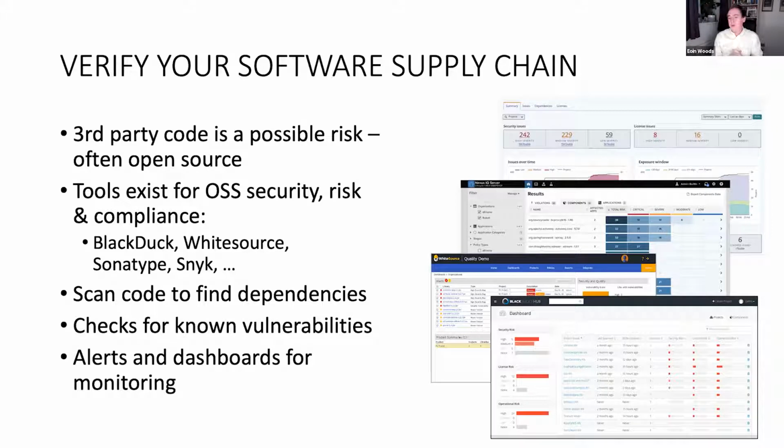And most of these tools can be built into continuous integration pipelines, and you can set up automated alerts when, for example, certain OSS licenses appear, or when a certain degree of security risk is seen, or when new components arrive that you weren't expecting, those kinds of events.